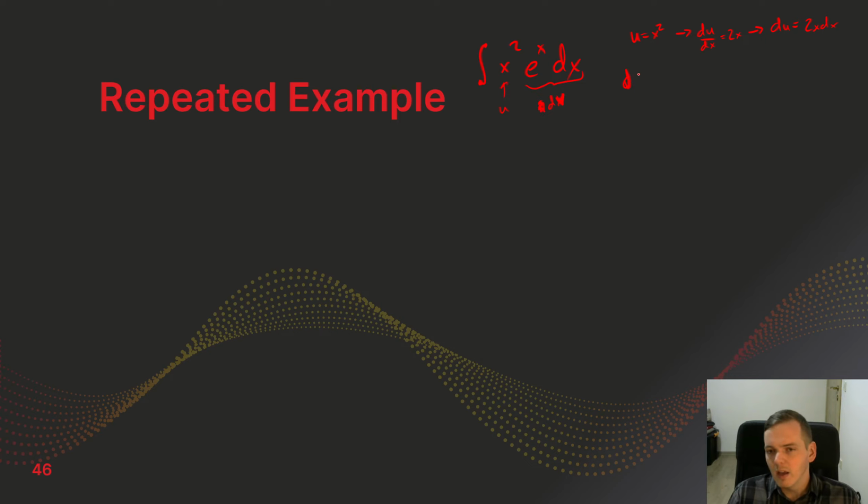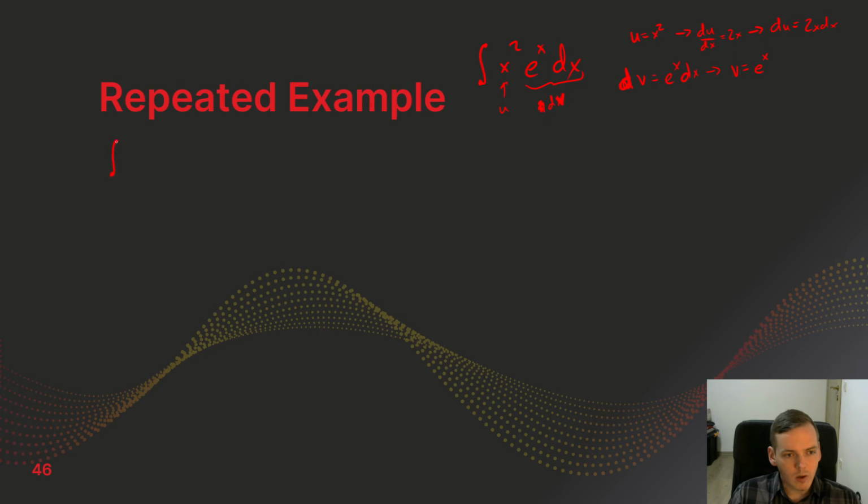My dv is equal to e to the x dx. And that means that when I integrate it, I'll have v equals e to the x. And again, technically you should put a c on there, but because we know it's going to show up later, we shorthand and skip over it.